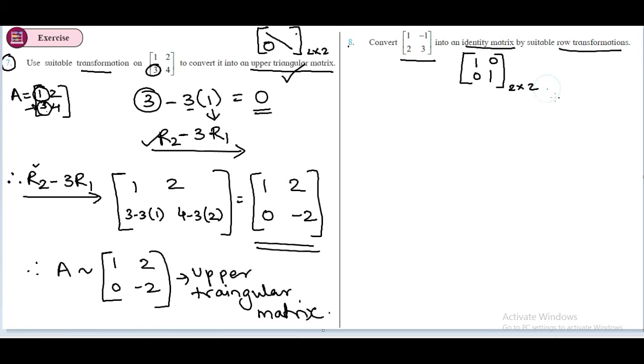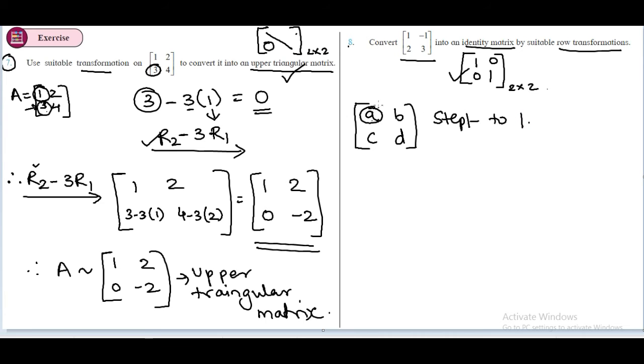Now the basic thing you have to keep in mind is, if we have a 2 by 2 matrix, let me take the elements A, B, C and D. To make it into an identity matrix, step 1 is converting A to 1.